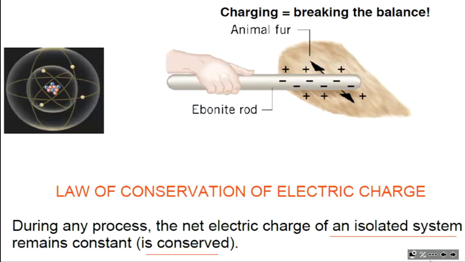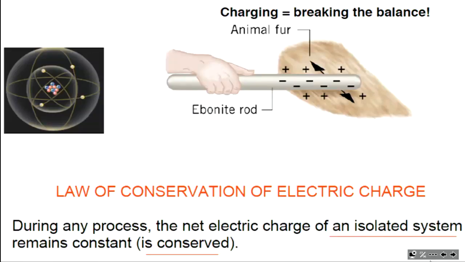And of course, we cannot destroy or create particles. So the total amount of particles inside an insulated system always remains the same. So when I rub the piece of fur against plastic, if this piece of fur loses 100 electrons, that means this piece of plastic gains 100 electrons.